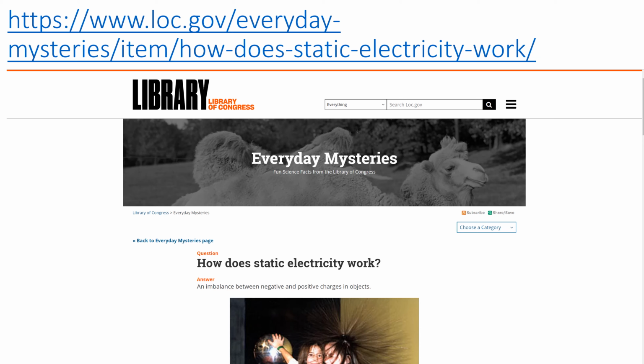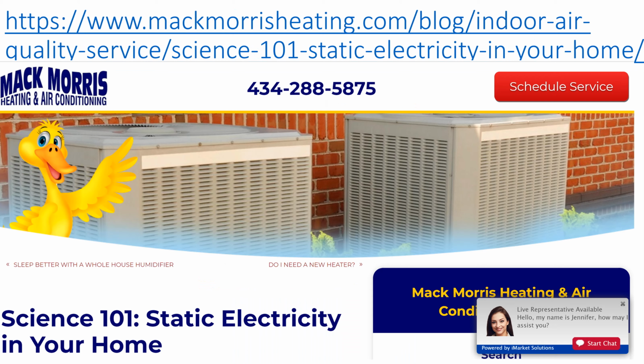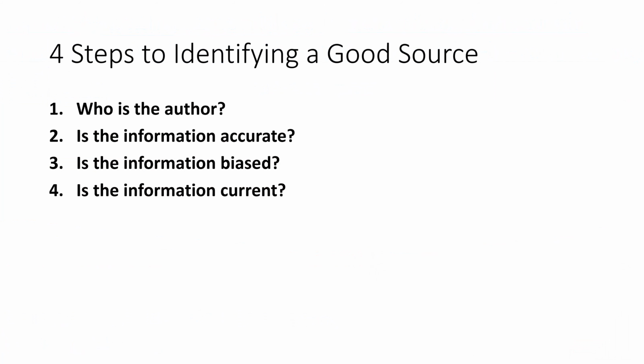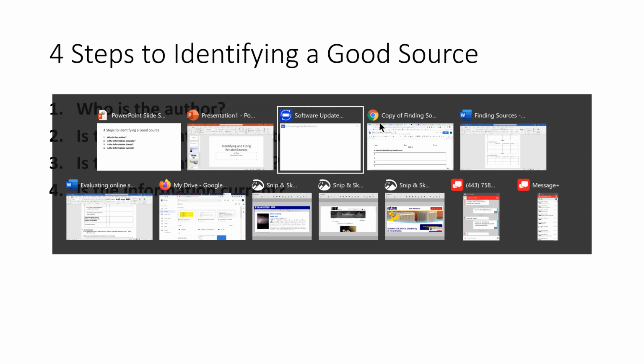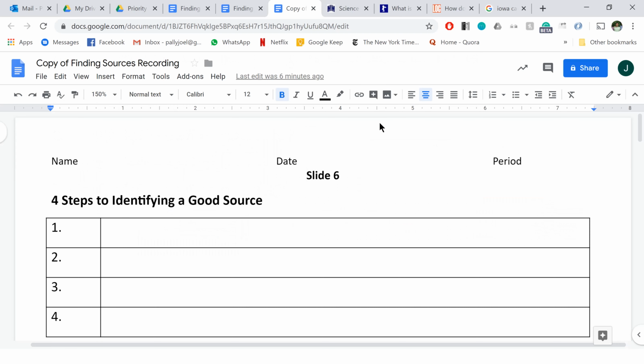The second one is the article that we read in class from the U.S. Library of Congress. And this third website is Science 101 about static electricity from MacMorris Heating and Air Conditioning. All right. So make sure you have your notes open or on a separate piece of paper.